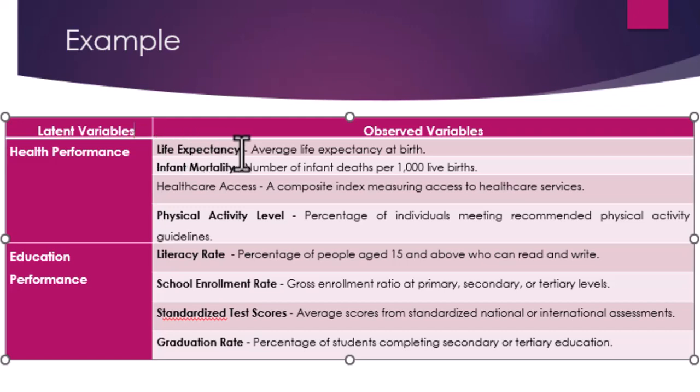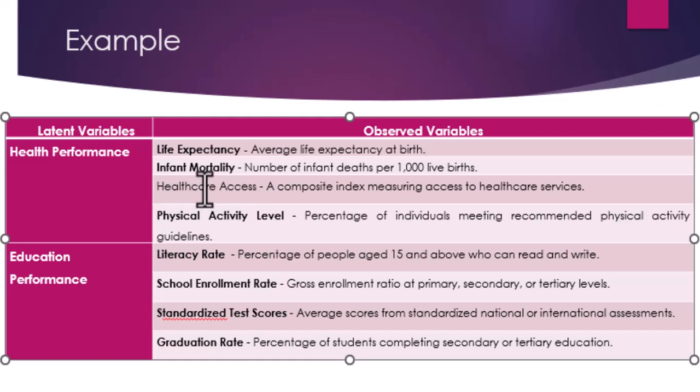Life expectancy can be measured, by the average life expectancy at birth. Maybe the average life expectancy is 50 years, 60 years. So that one can be observed. Another observed variable measuring health performance is infant mortality, the number of infant deaths per 1,000 live births. That one can be measured, so it becomes an observed variable.